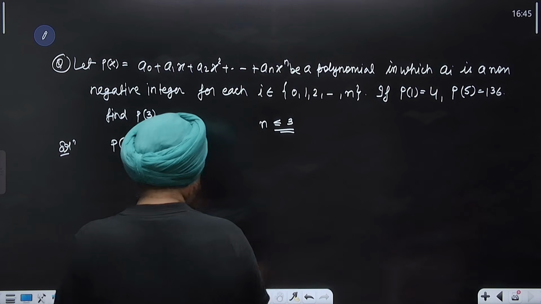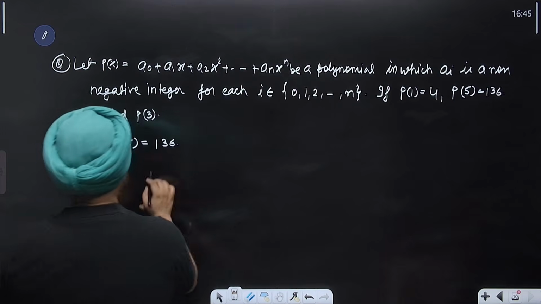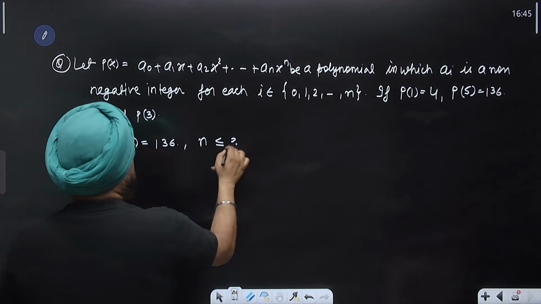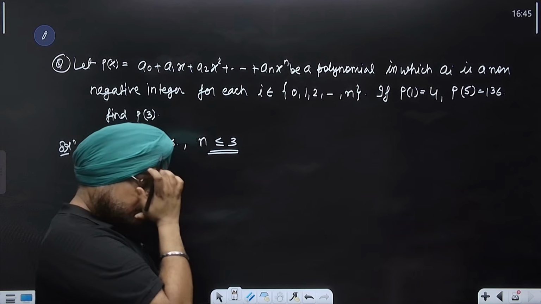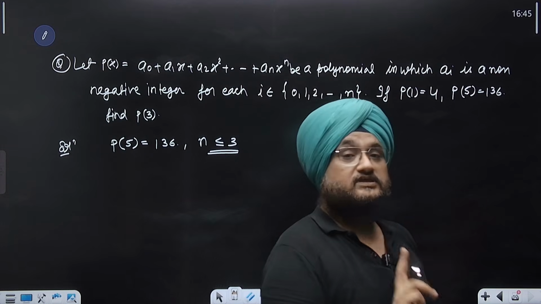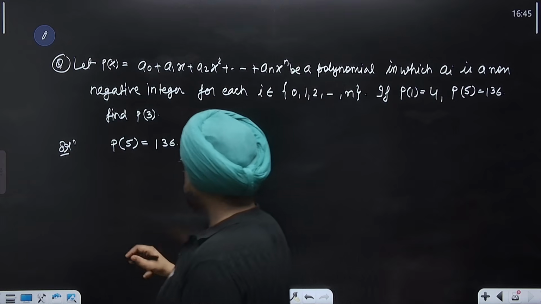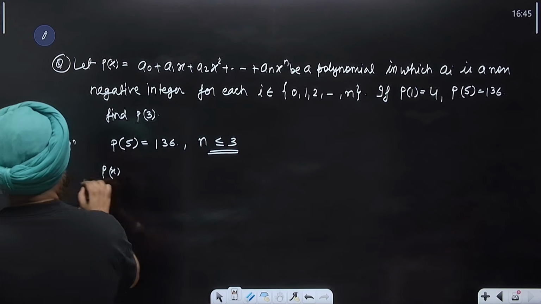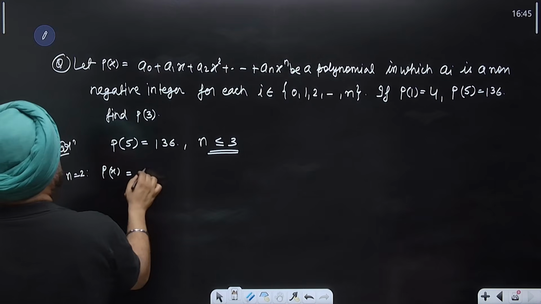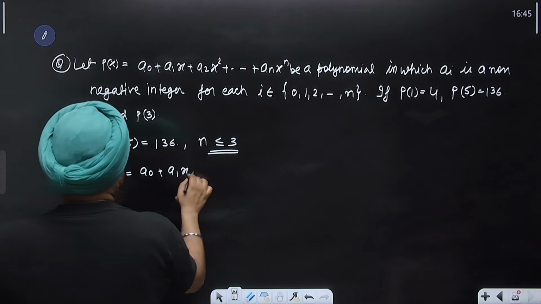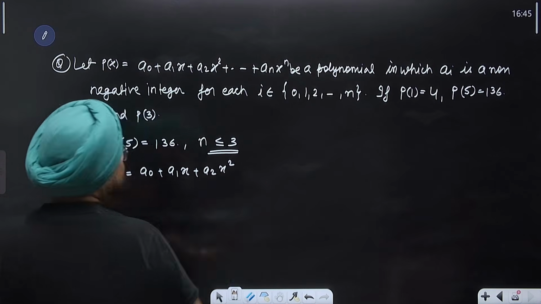We have established that the degree of this polynomial can be less than or equal to 3. Now we have also established the degree cannot be 1. Now for n equal to 2, a0 + a1x + a2x².